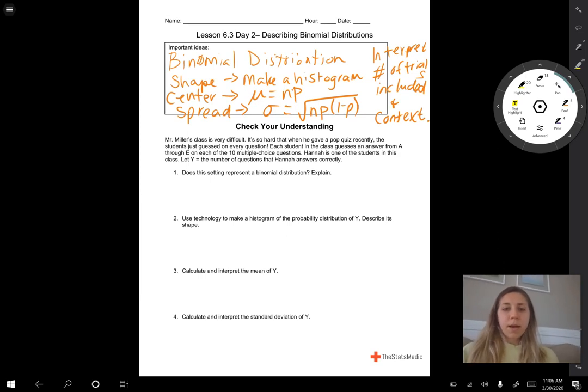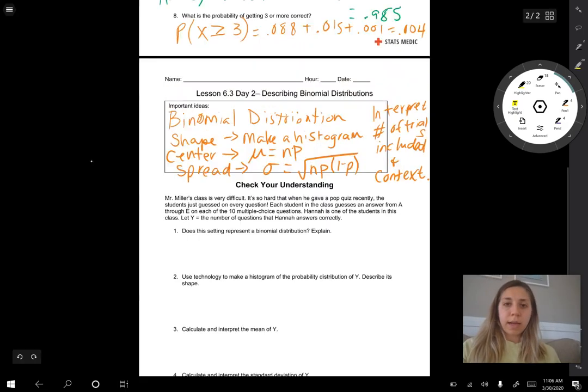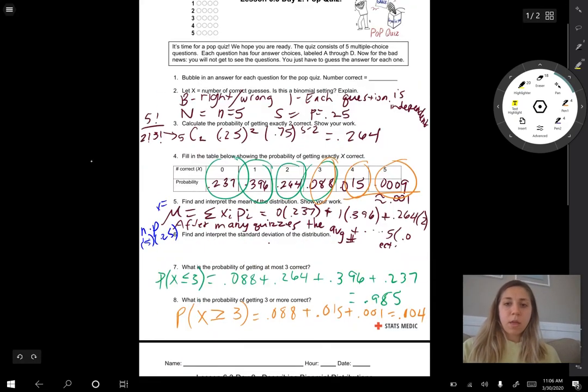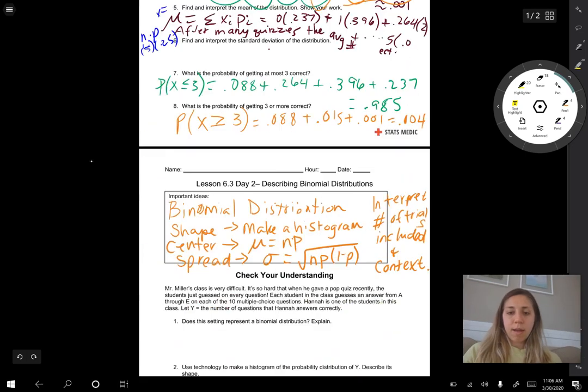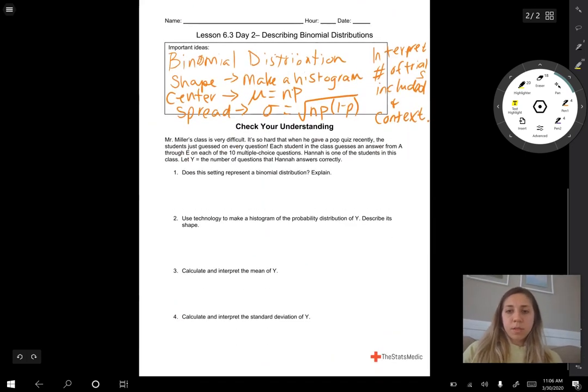So in order to make that histogram, you need to kind of make a chart to determine what each of those values would be to make a histogram of that.